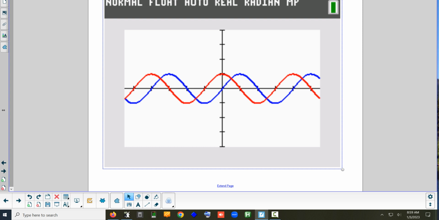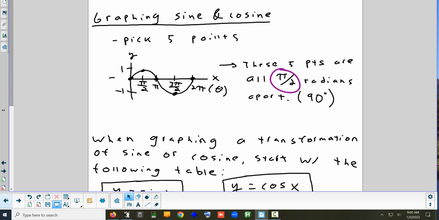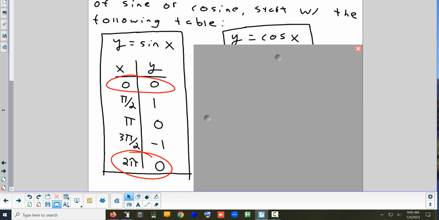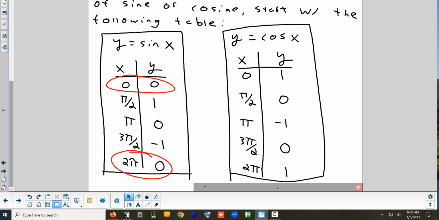So for cosine, we're going to start at 1. Then we're going to go to 0, then negative 1, 0, and back to 1. Those are the first 5 points in the cycle of cosine. 1, 0, negative 1, 0, 1.